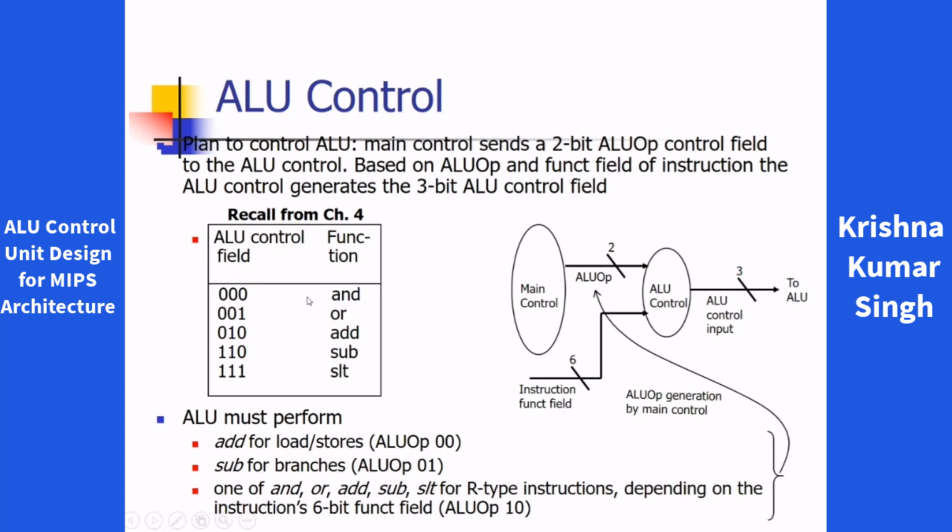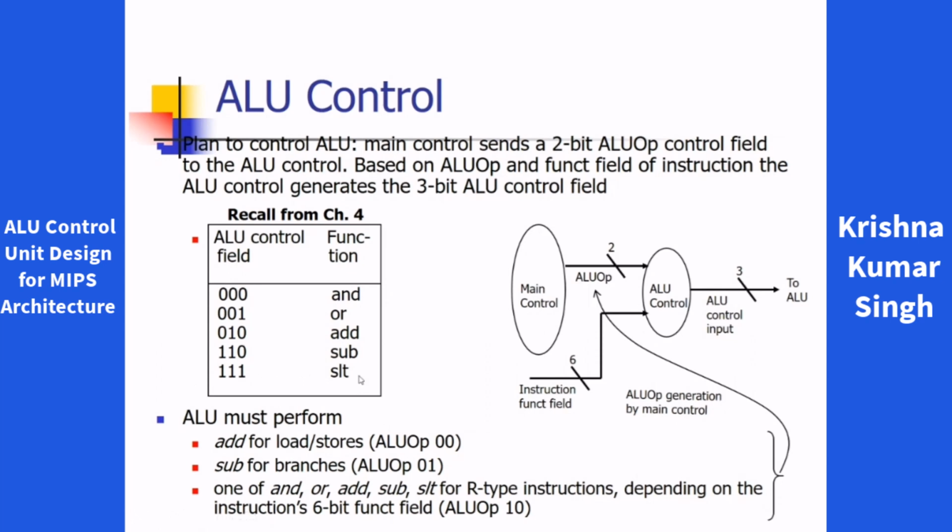If it is 000, then the function performed by the ALU is AND. If it is 001, it is OR. If the ALU control input is 010, the operation performed by the ALU is add, 110 is subtract, and 111 is set less than.